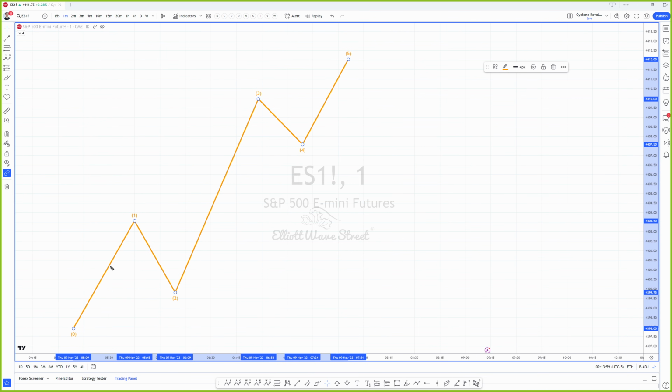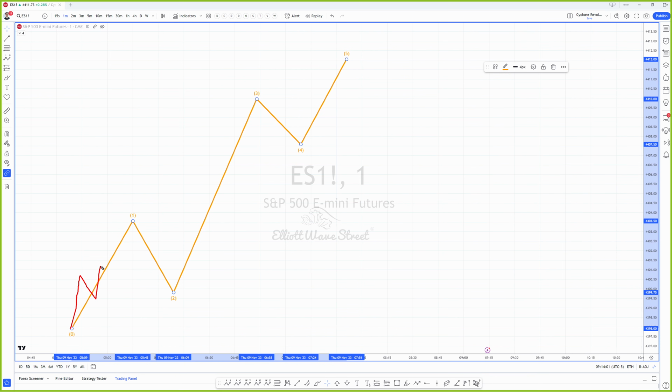So, after you have your 5-wave sequence for the wave 1, then you look for the ABC for your second wave. And after the second wave, that's where we can start building the wave 3. That's where we can start following the move up. That's where we can have an edge.